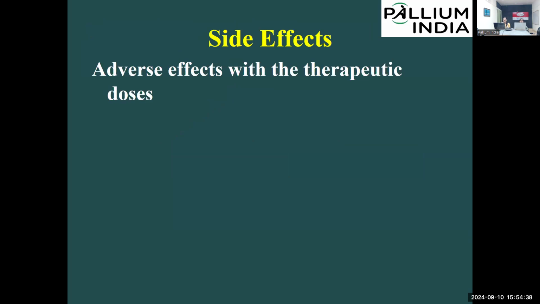So moving on to the side effects of morphine. The adverse effects of morphine can be classified as side effects and toxic effects. Side effects means that even with the therapeutic dose, the patient develops these effects. Can somebody tell me what is the most common side effect of morphine?